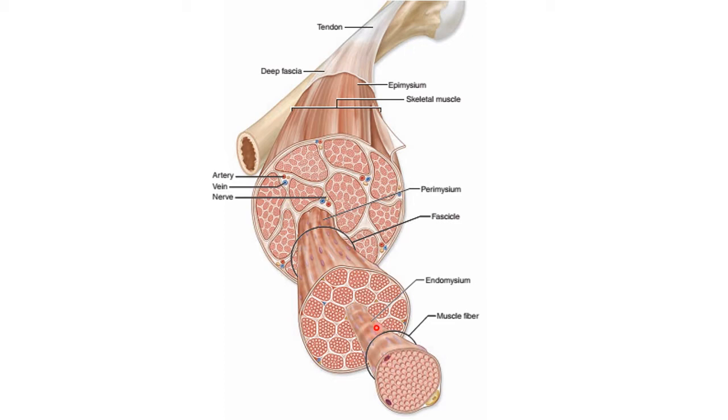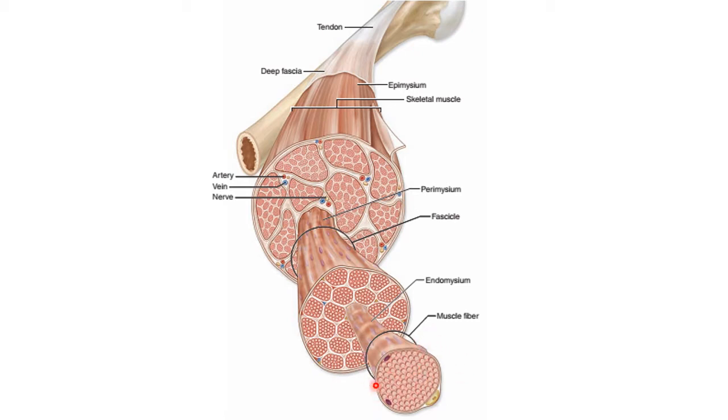This individual muscle fiber is a skeletal muscle cell, containing inside the nuclei and the myofibrils. These small circles are the myofibrils.